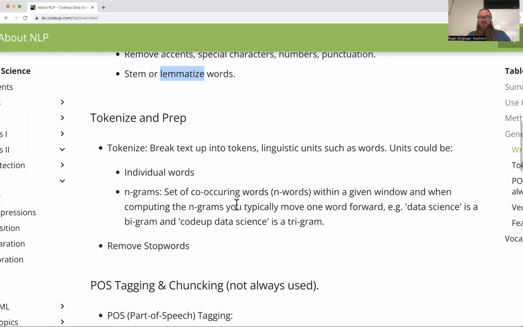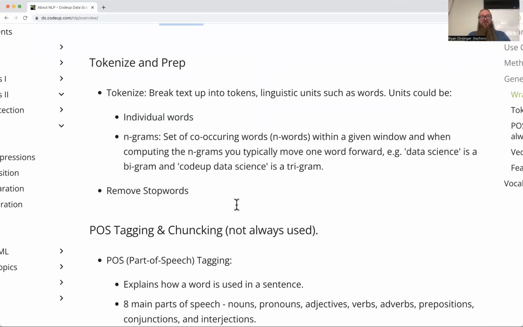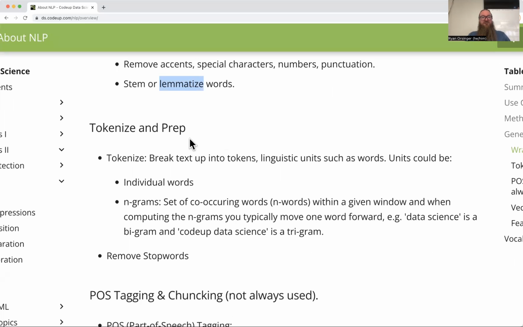Cool. We're coming around the bend on the review here. We'll introduce in the prep a little more fully this idea of tokenizing and breaking our text into tokens, getting our linguistic units into words.